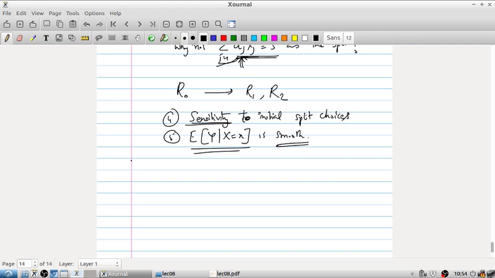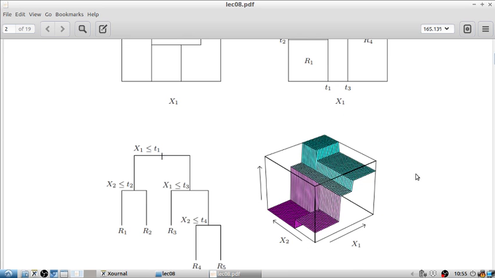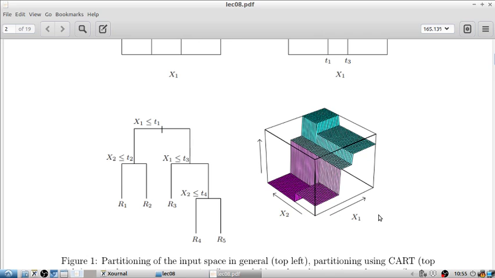Okay, so let's look at another quick consideration, which is missing data. Yeah, if you have a continuous function, there's actually a picture here, right? So think of this two-dimensional example. x1 and x2 are the input space, and in this case it happened to be this tree. For each region of the tree you have a constant value.